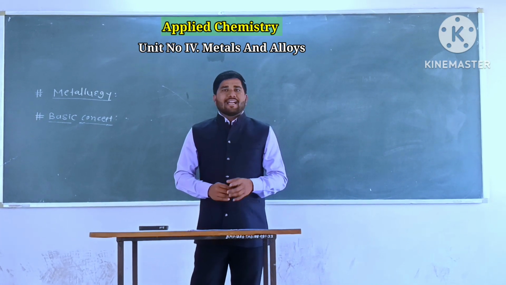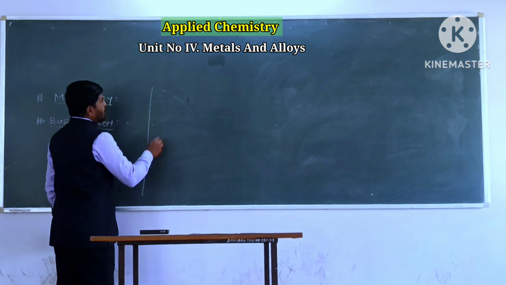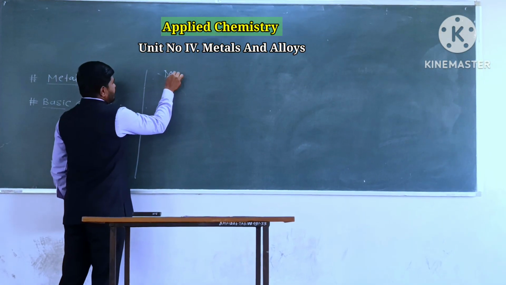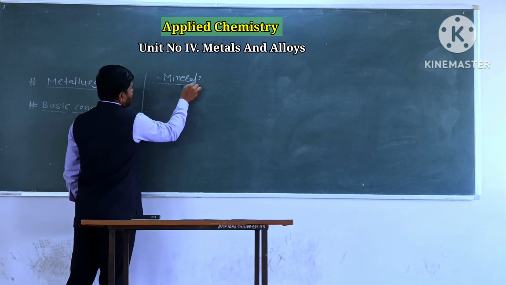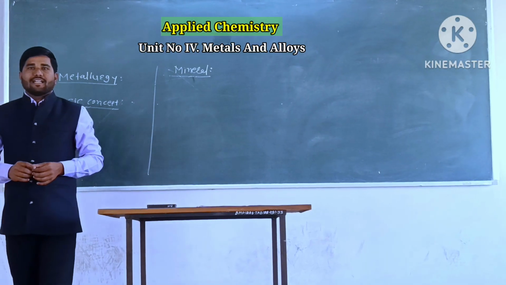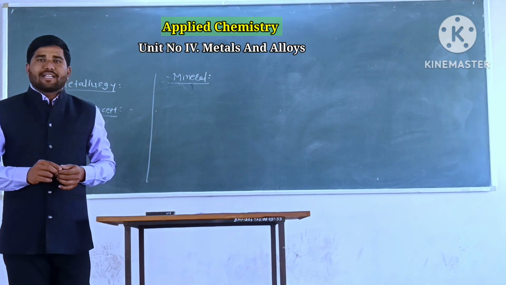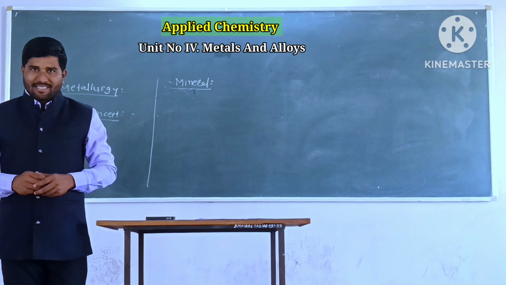So let us start with the first concept, and that concept is mineral. A mineral is a naturally occurring substance, and it can be present in the crust of the earth.